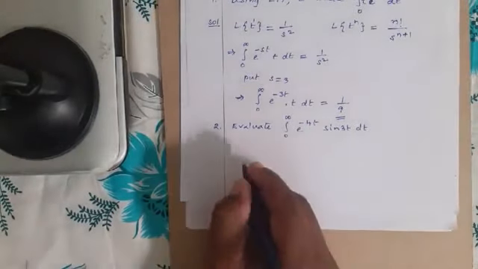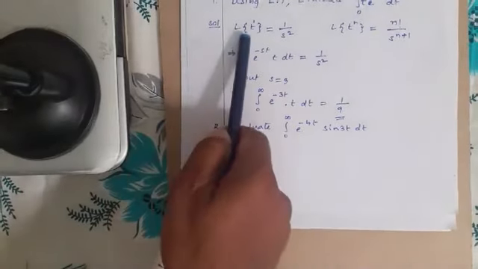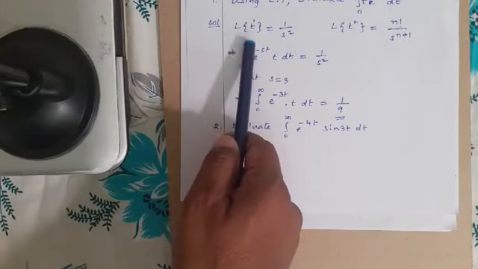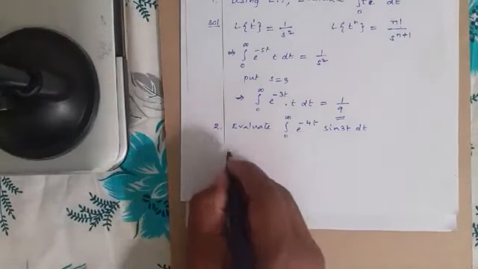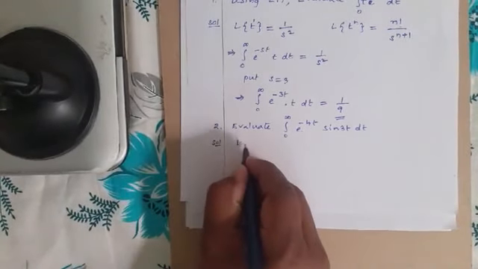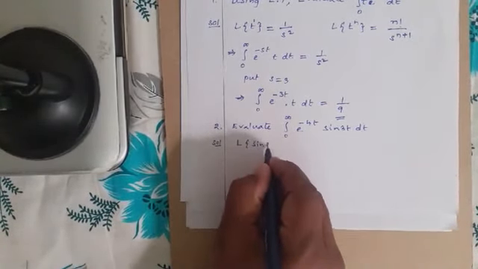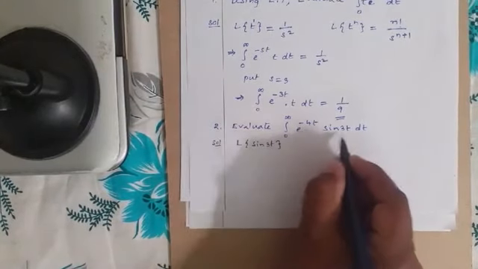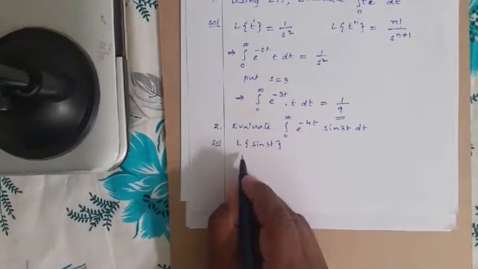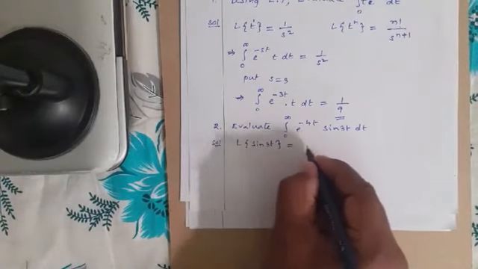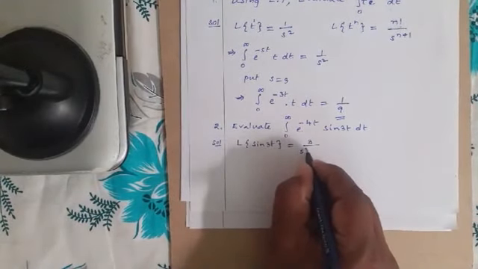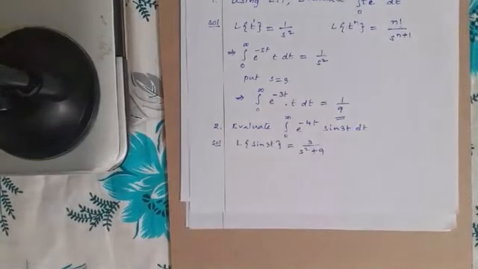For this problem, as in the previous problem, first I solve Laplace of f of t. Here f of t is nothing but sine 3t. So I am writing here Laplace of sine 3t is equal to 3 upon s square plus 9. As you know, Laplace of sine at is equal to a by s square plus a square. So a is 3 here, so I have written 3 upon s square plus 9.